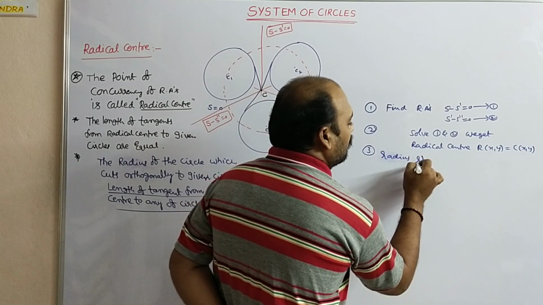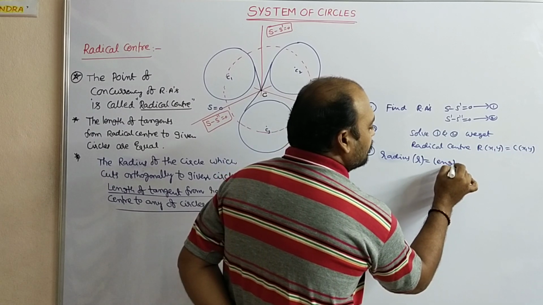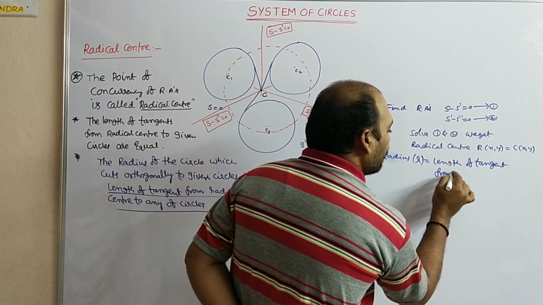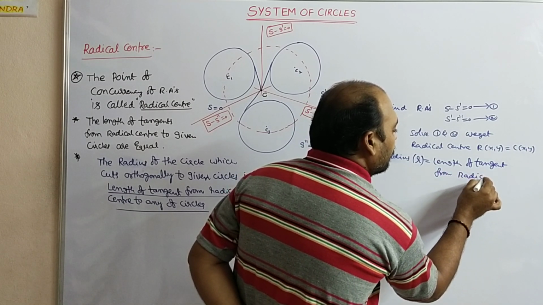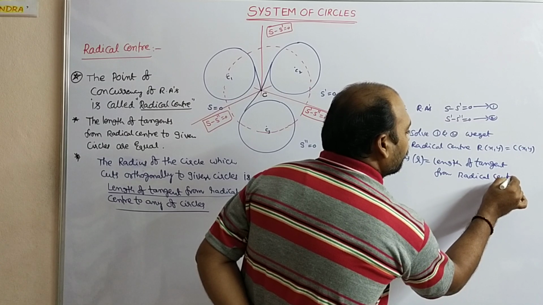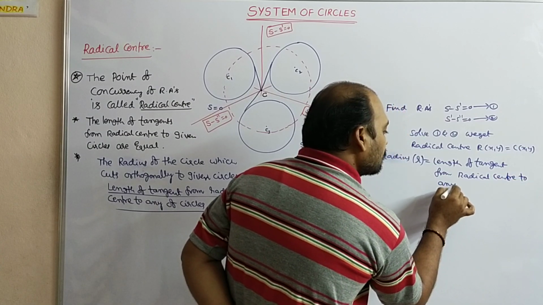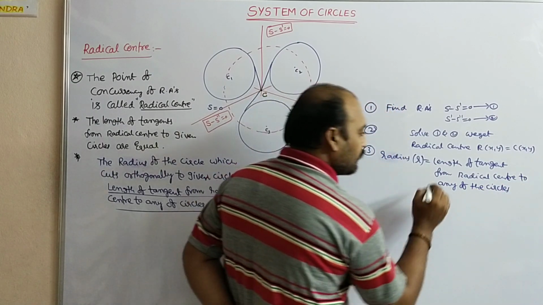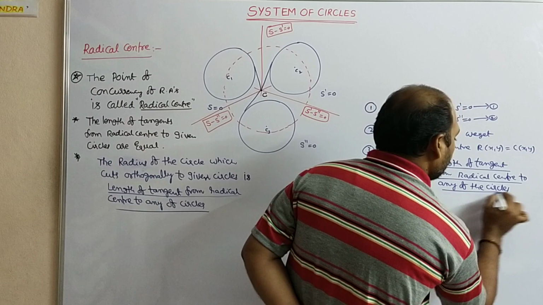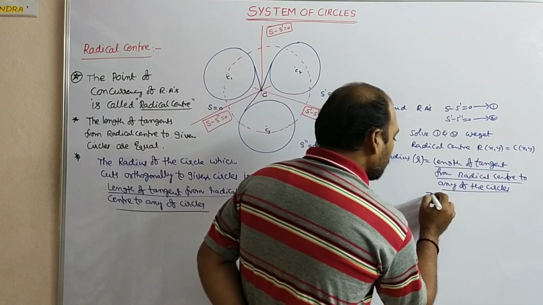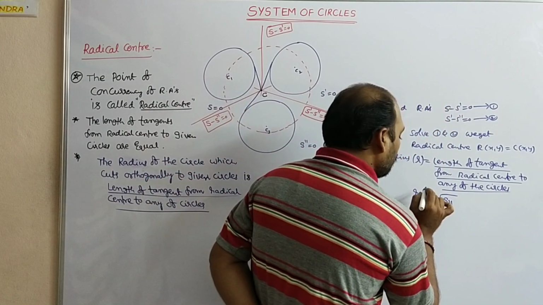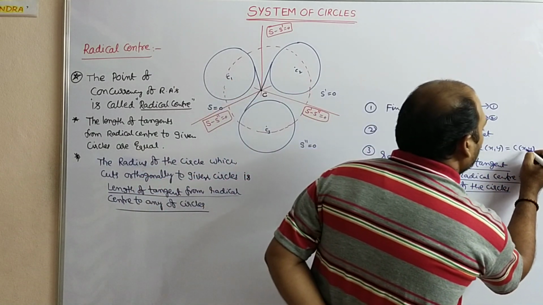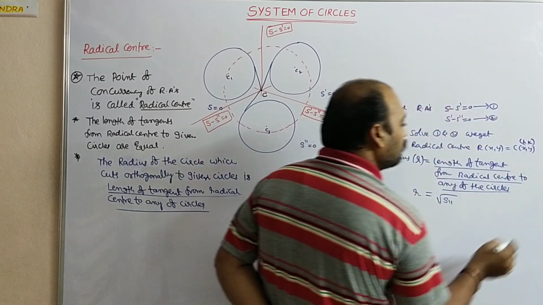Radius R is equal to the length of tangent from the radical center to any of the circles, so that is equal to root S11. So the radius we know, and the radical center we also got here. Sometimes we can assume it as H comma K also.